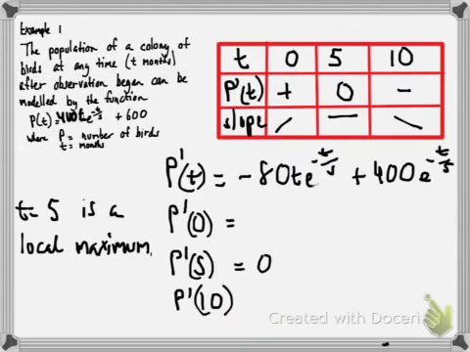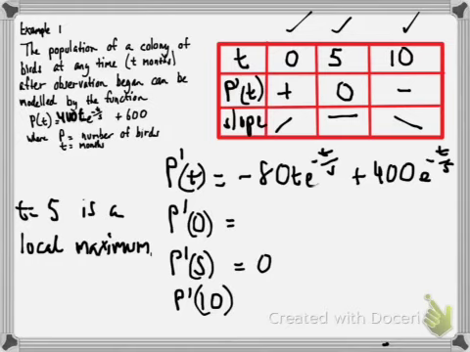What we should probably do now is look at if that is a local maximum, and to do that we need to do a gradient table, and I've set one out here. I've put my 5 in the middle. Because there's only one stationary point, we only need a table with 3 values, looking at what's happening either side of 5. To the left of the 5, I've used 0, and I've used 10 on the other side.